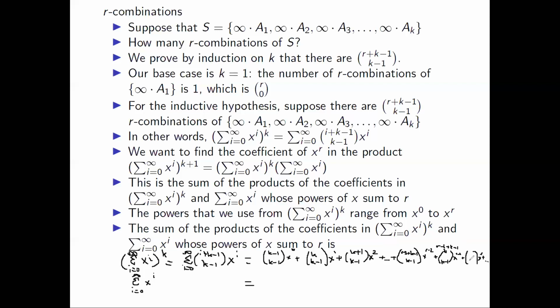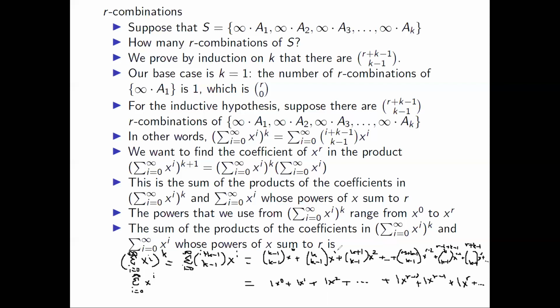And the last one will also be choose k minus 1, and it will be r plus k minus 1 choose k minus 1. And now our polynomial down here, we just have 1x to the 0 plus 1x to the 1 plus 1x squared, plus dot dot dot, plus 1x to the r minus 2, plus 1x to the r minus 1, plus 1x to the r, and so on.